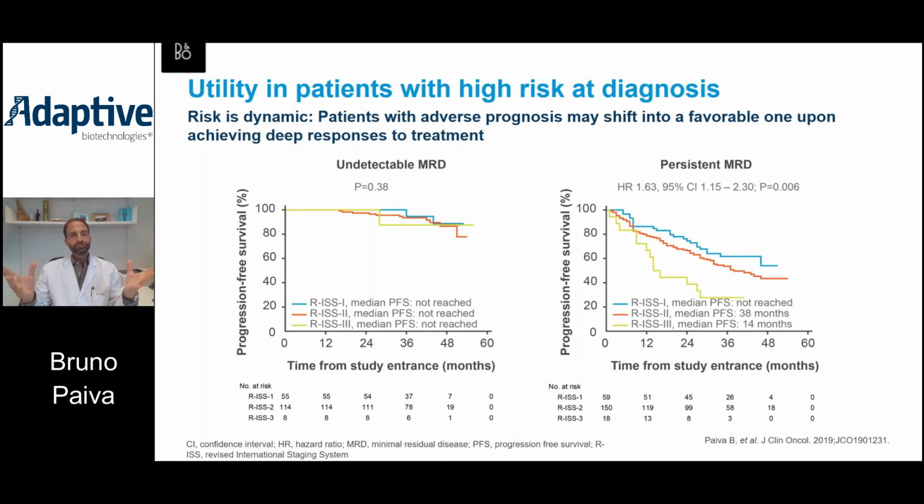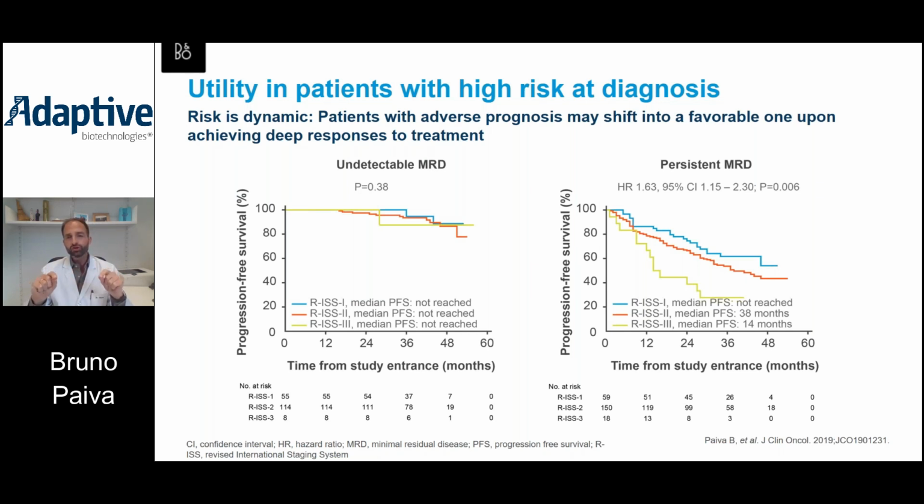Finally, to use MRD as an endpoint of therapy. There are many examples, but perhaps one of the best examples I can share is patients with high-risk myeloma. In this slide, we can see that risk is dynamic and that patients with adverse prognosis, for example, revised ISS3, the green curve, may shift into a favorable one, similar to revised ISS1 or 2, if these patients achieve undetectable MRD.